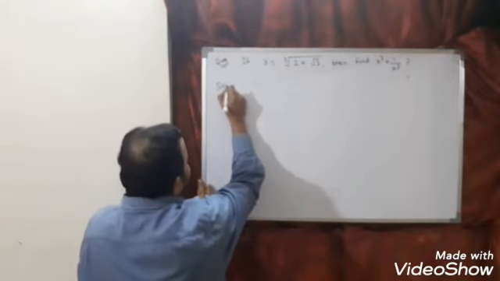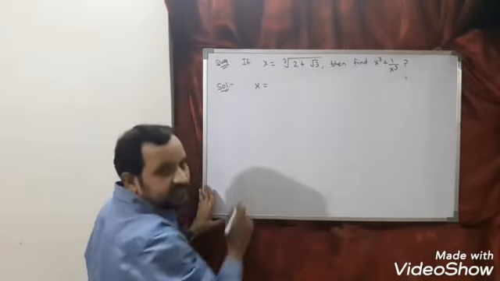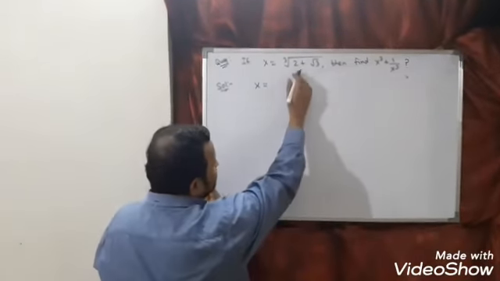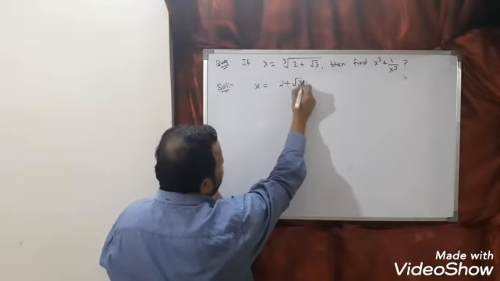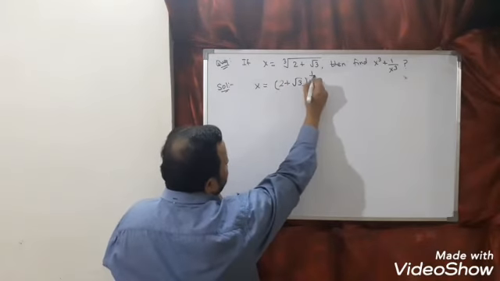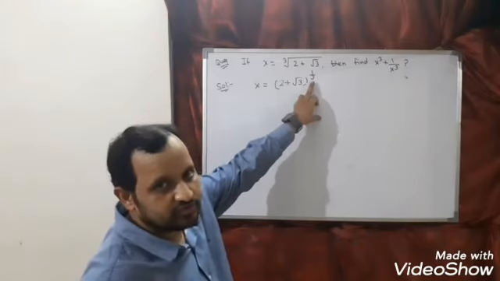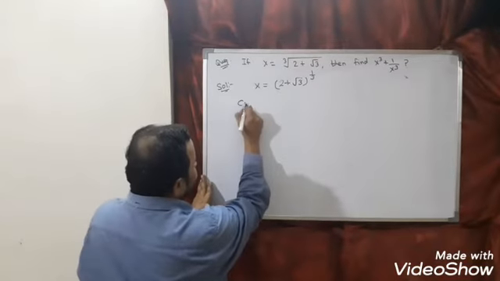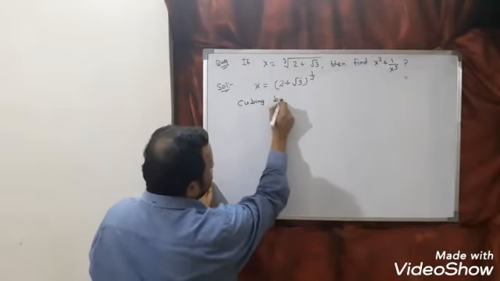In the theory of indices I told you, we can write this as x is equal to (2 plus root 3) whole power 1 by 3. I don't want the 3, so what should we do? Cubing on both sides.